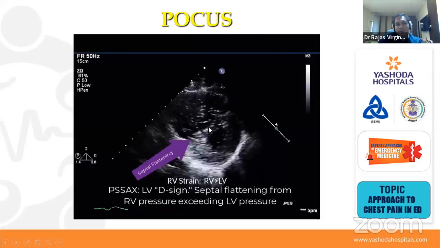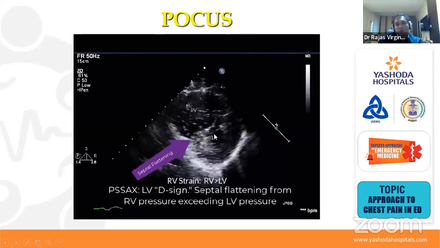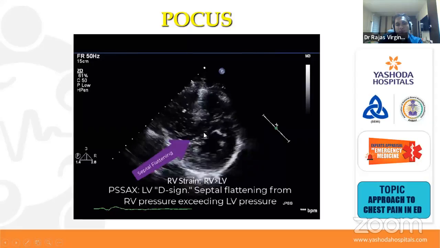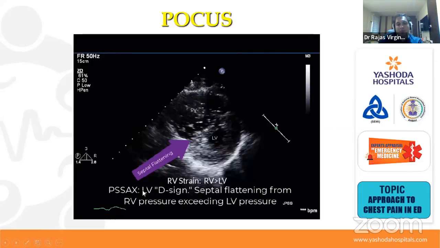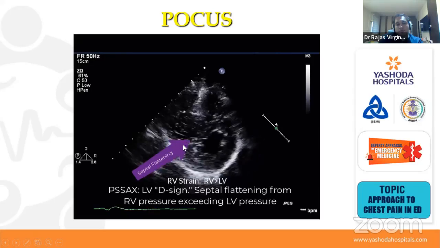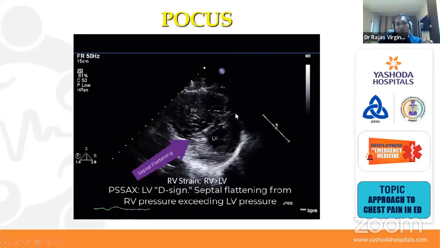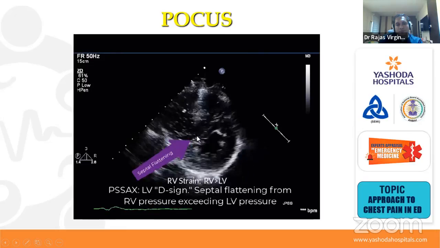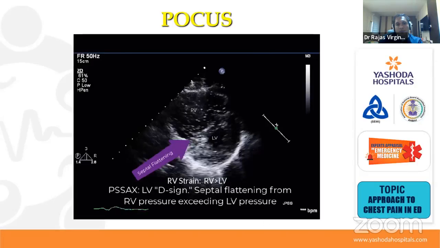You can see the septum here, which is moving towards the left ventricle, making it look like a D. So this is called the left ventricular D sign on a parasternal short axis view, which is very indicative of right ventricular strain and dilation and possibility of a massive PE.